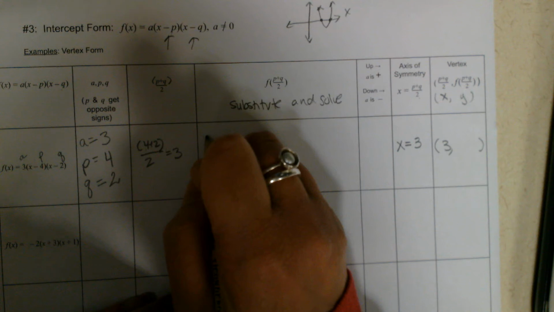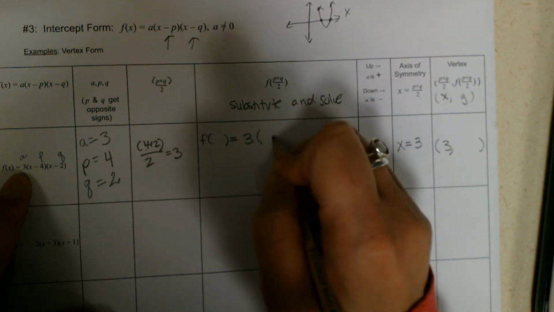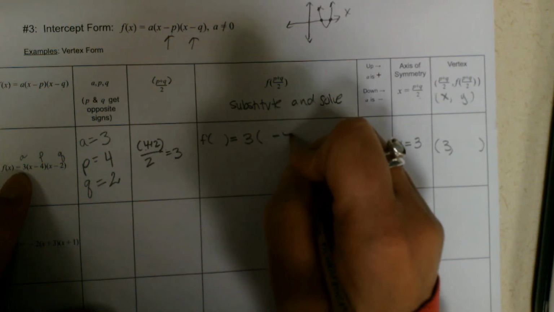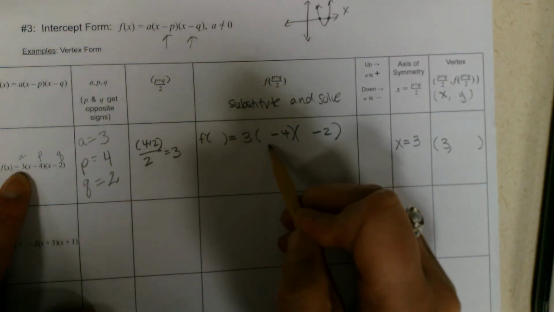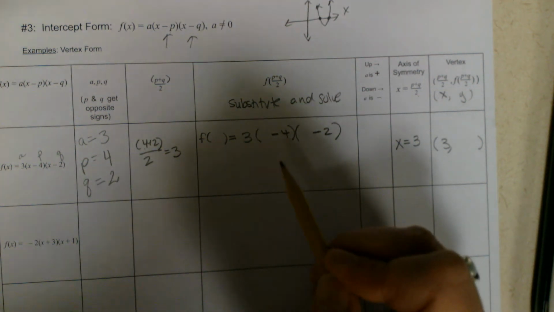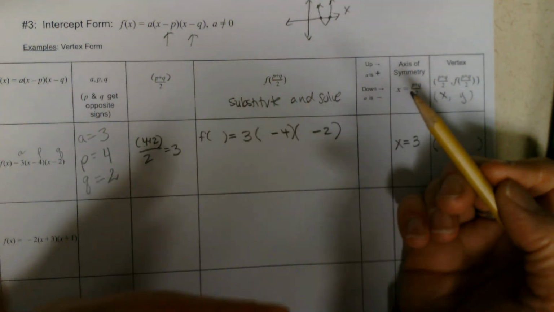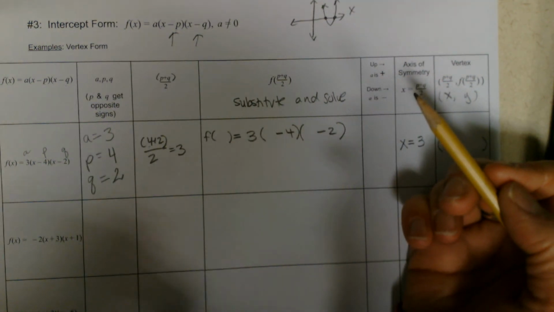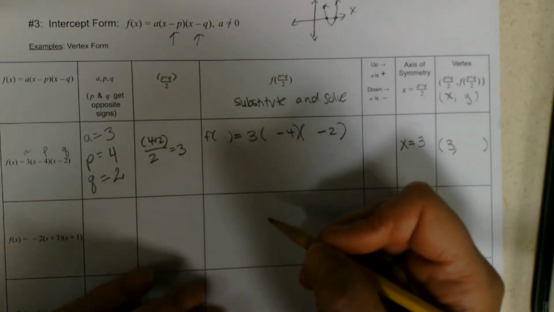So let's do that. We're going to take f of x equals 3 times x minus 4 times x minus 2. Now, I just put a space there. You really don't need parentheses. If you like to do the parentheses, you can, but because it's first, the calculator will always recognize any type of negatives. So remember, I use parentheses for negatives and for multiplication.